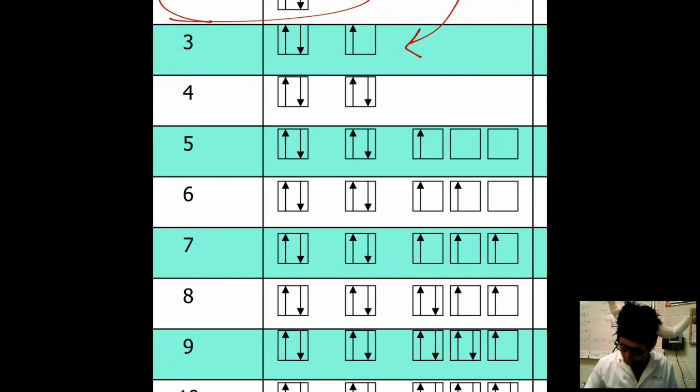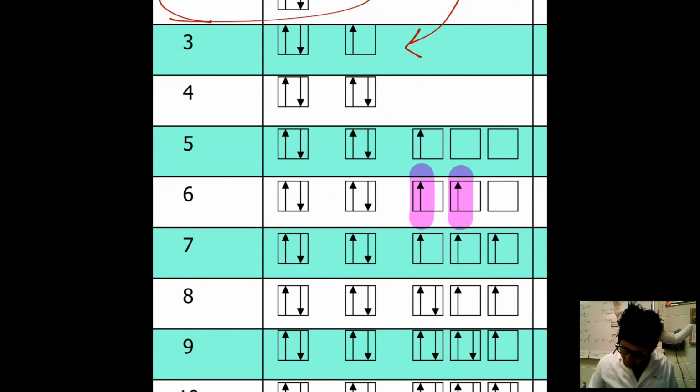Then we go to 6 electrons, and now I see that first before second rule coming into play, here and here. I'm putting 1 electron in each orbital, and I'm going to try to fill up the whole sublevel with 1 before I go back and put in 2.